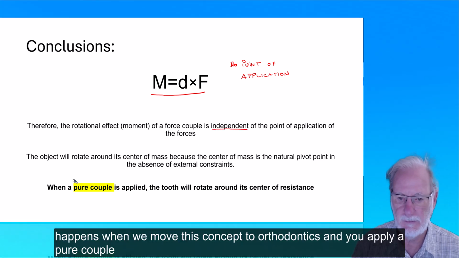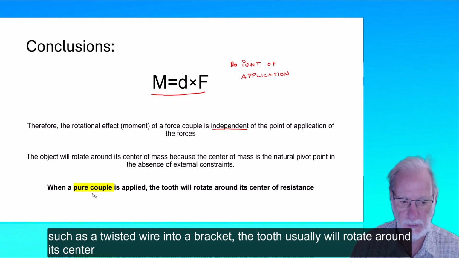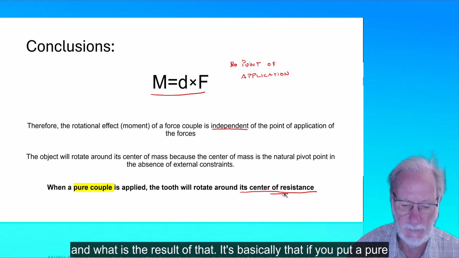And what happens when we move this concept to orthodontics and you apply a pure couple, such as a twisted wire into a bracket? The tooth usually will rotate around its center of resistance, not around the bracket. So it's very important to understand. And what is the result of that?